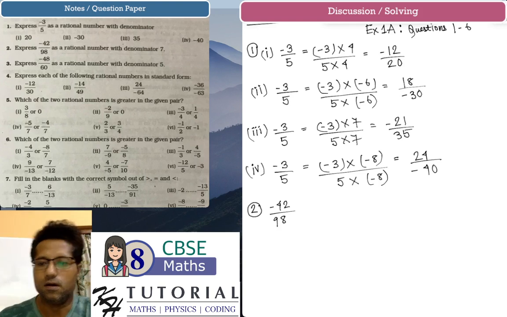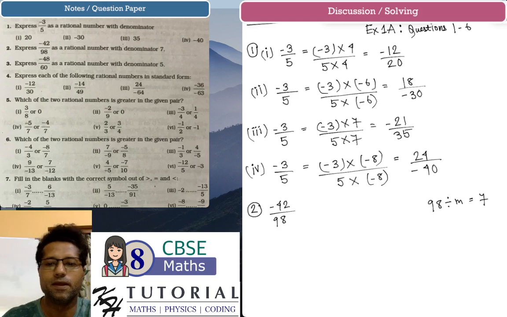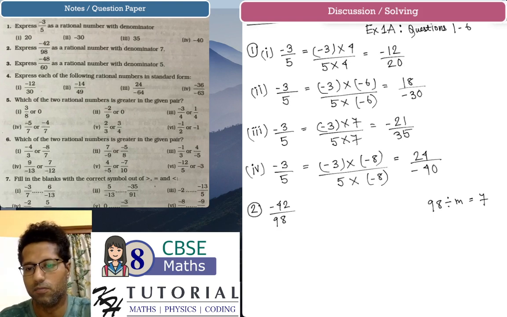Now, by what number can we divide, let's say that number is m, so that we get 7? Then we can divide both the numerator and the denominator by m, whatever that m will be, and we will get an equivalent rational number with denominator 7.